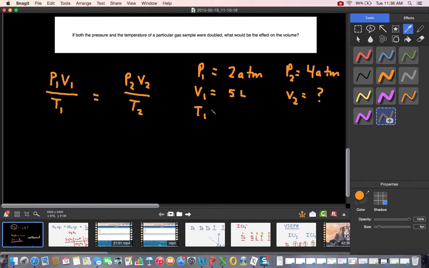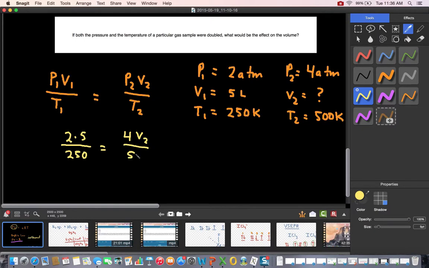T1, let's say it's 250 Kelvin. And T2, let's say it's 500 Kelvin. And now rather than dealing with variables, I'm dealing with numbers. So I have 2 times 5 over 250 equals 4 times V2 over 500.